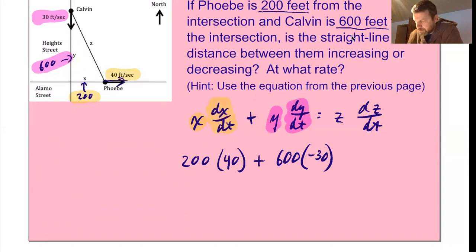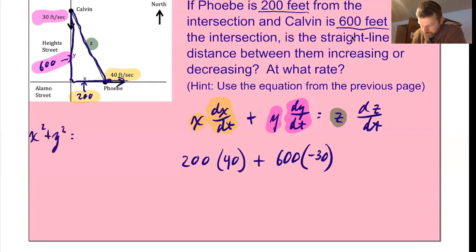All right. The question is, do we know z? It doesn't say it there, but we can certainly figure it out because we know x squared plus y squared equals z squared. So even though it didn't give us z, we can certainly figure it out.